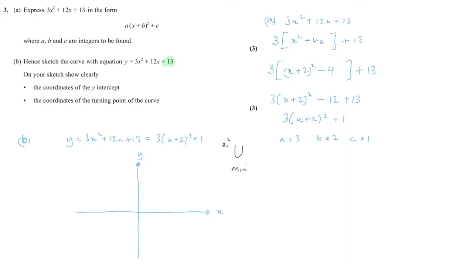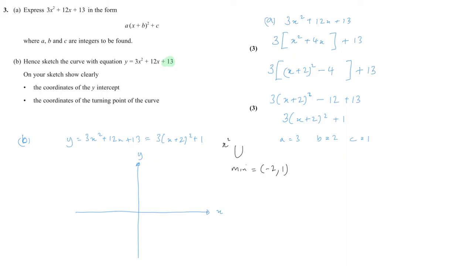Minimum point, well, how do I get the minimum? It's going to be when this bracket is 0. So that's going to be when x is minus 2. And when this bracket is 0, this is all going to be 0, so I'm just going to be left with 1. So y is 1.